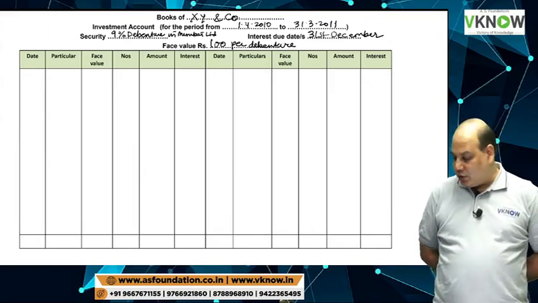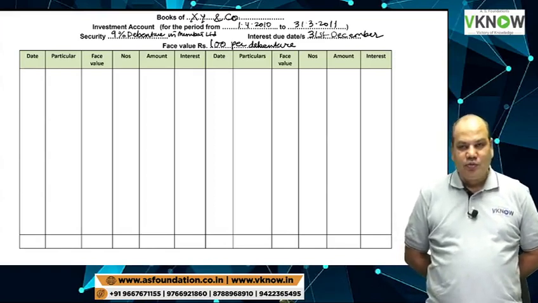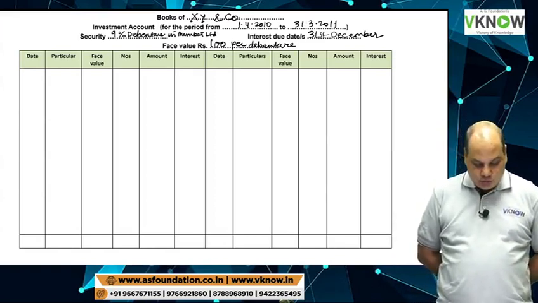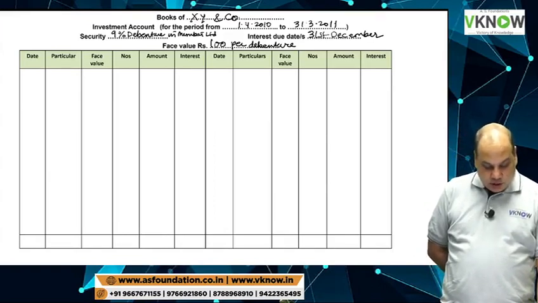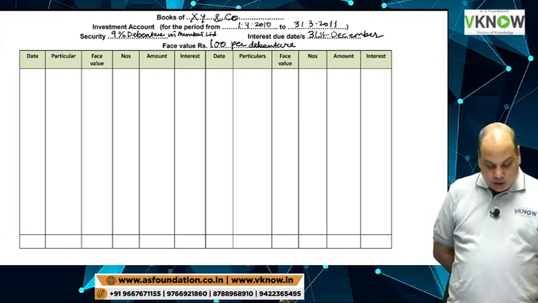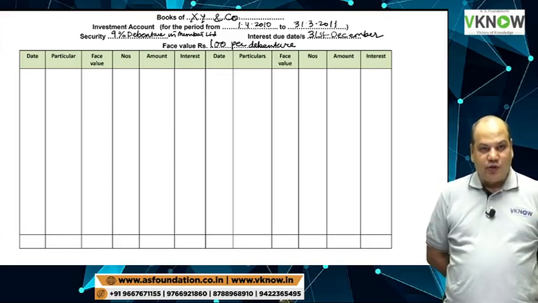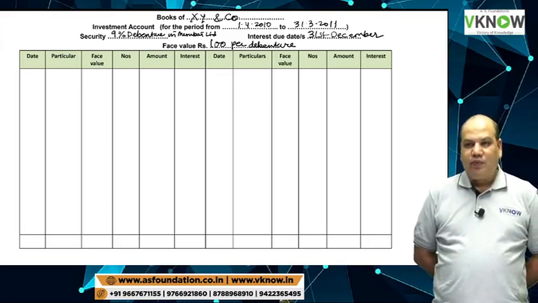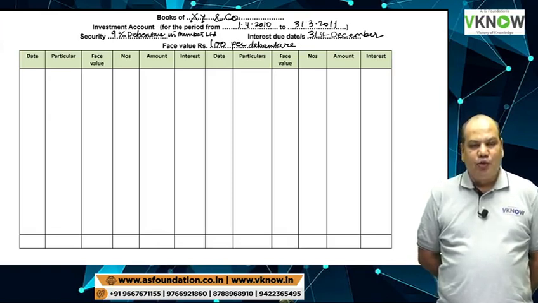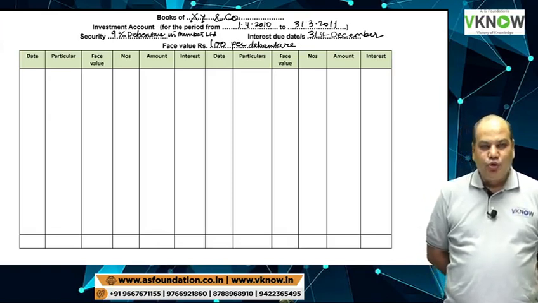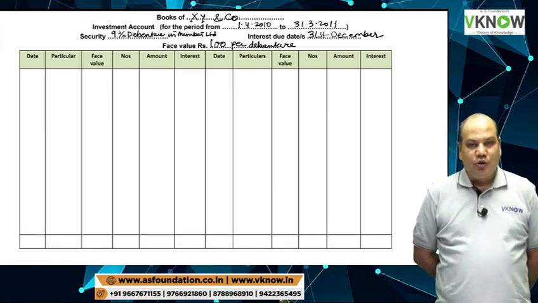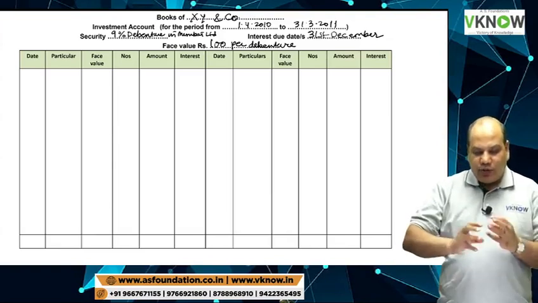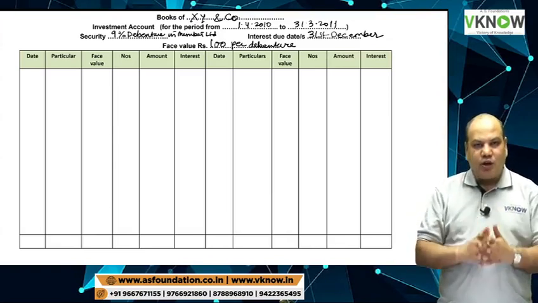One student is asking where is face value rupees 100 per debenture. I was waiting for this question. You are right. Face value is not given, but somewhere in the last three lines, market value of debenture is rupees 90. Normally, debenture market value does not deviate too much from face value. So when the market price is near 100 rupees, assume 100 is face value.